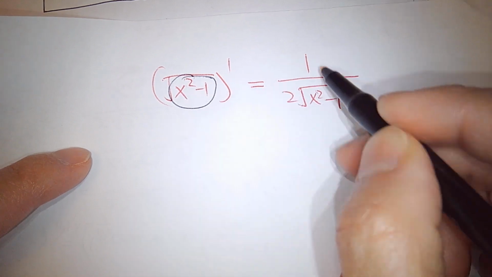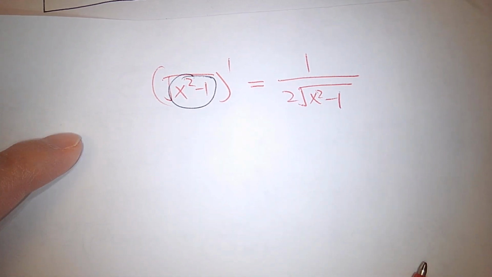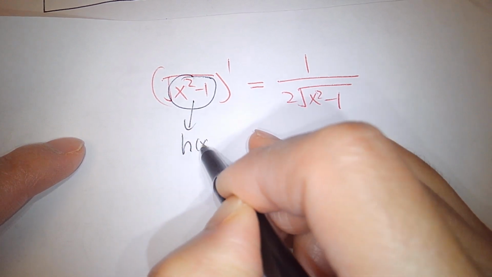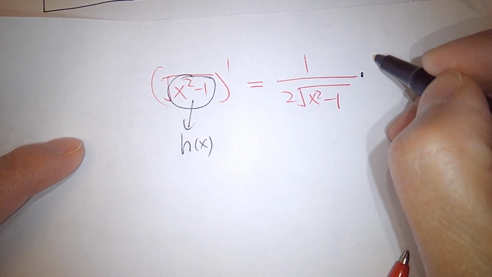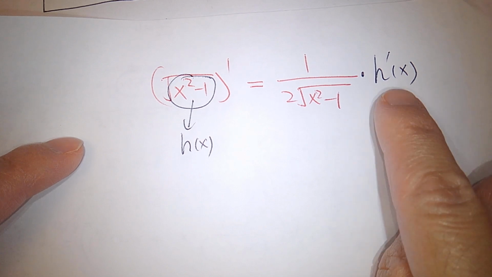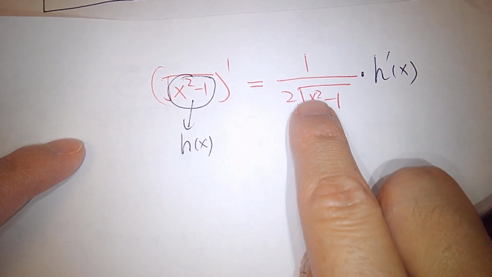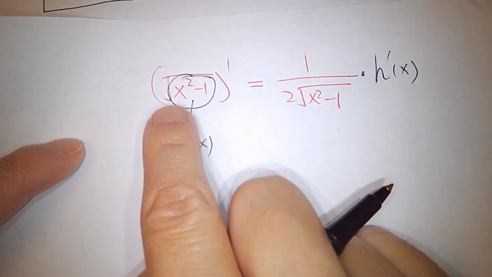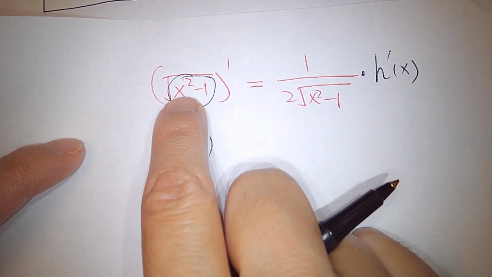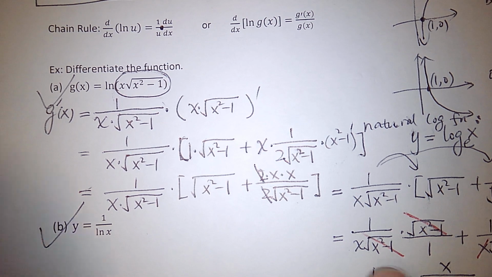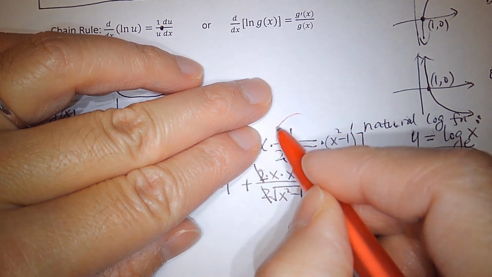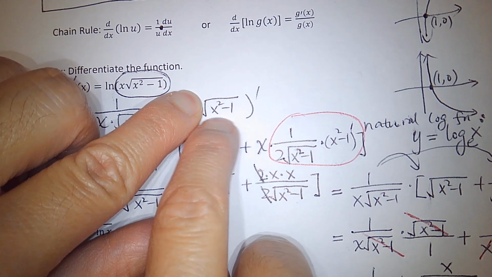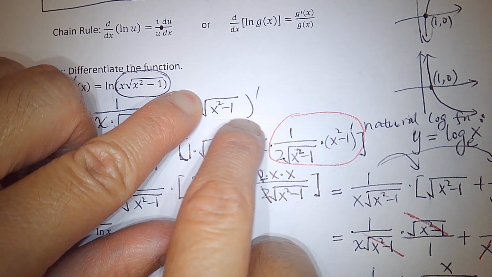If this is x, 1 over 2 times square root of x, done. But if this is not x, this is something, a function h of x, so we have to combine the chain rule, right? So 1 over 2 times square root of this times by the derivative of what? H. What is h? X squared minus 1. So that's why this whole thing is a result from the derivative of the square root of x squared minus 1.